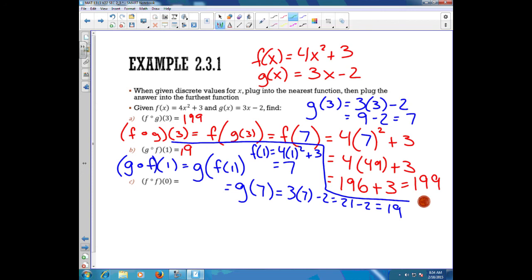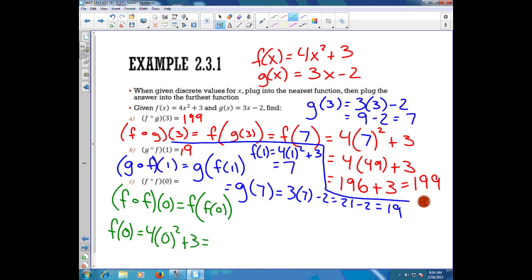Finally, we want to find f of f of 0. And so what that means is we're going to plug 0 into f, and then take the answer and plug it into f again. Well, f of 0 is 4 times 0 squared plus 3, which is 0 plus 3, which is just 3.